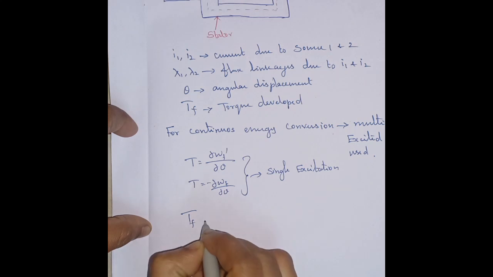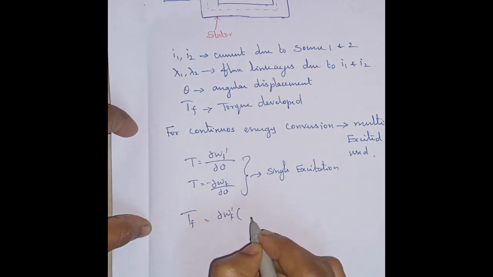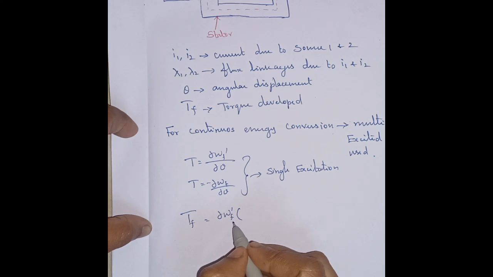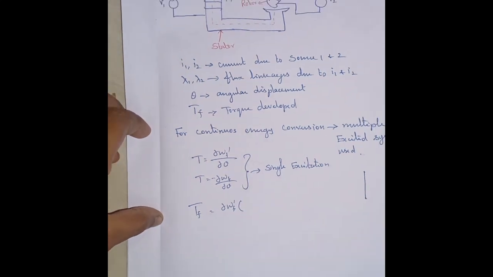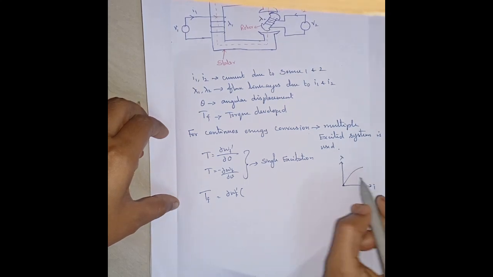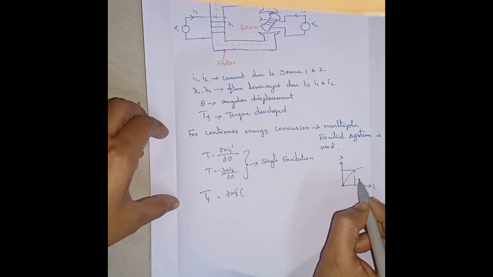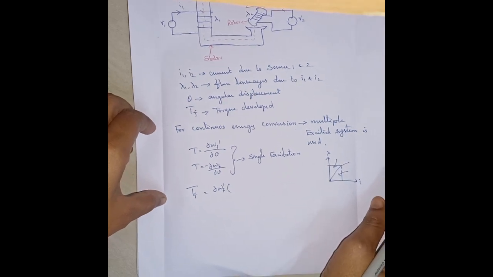So TF is equal to dou WF dash, the co-energy, which is a function of, remember this, the I lambda curve, correct? This is lambda I. This is co-energy and this is energy. I hope you remember this one.